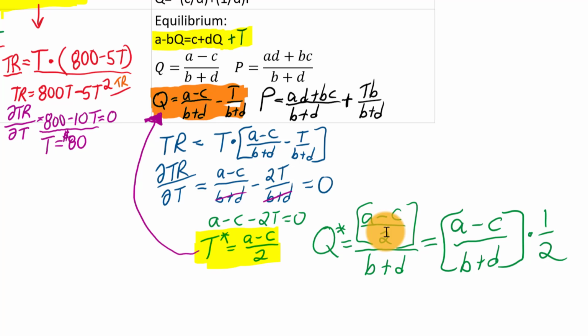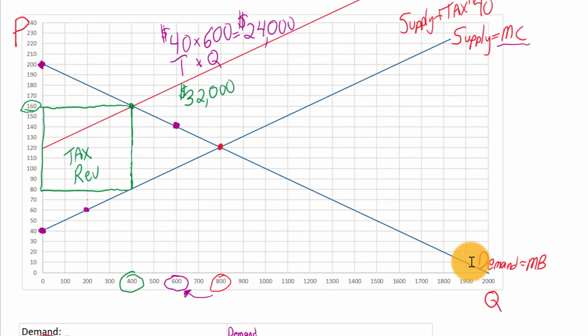But for such a simple model, it is wonderful when you're analyzing a question and you get these very, very simple results. So the tax level, take the y-intercept of the demand minus the y-intercept of supply, cut that in half. So basically what you're doing is you are taking the supply curve here, right?